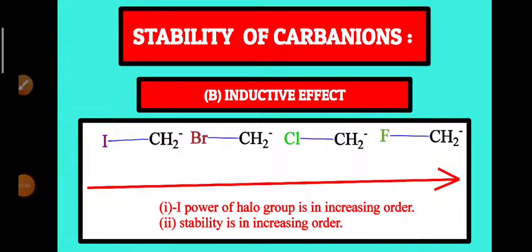So we know very well that when we move from top to bottom in a group, electronegativity decreases. As a result, minus I effect also decreases. Even though halogens are good non-metals and they are strong electronegative elements, from fluorine to iodine, electronegativity decreases. As a result, their inductive effect also decreases.